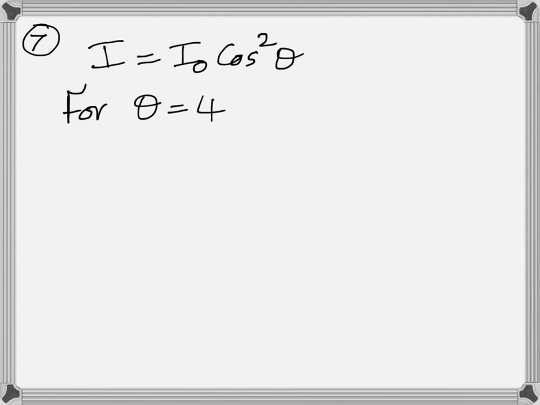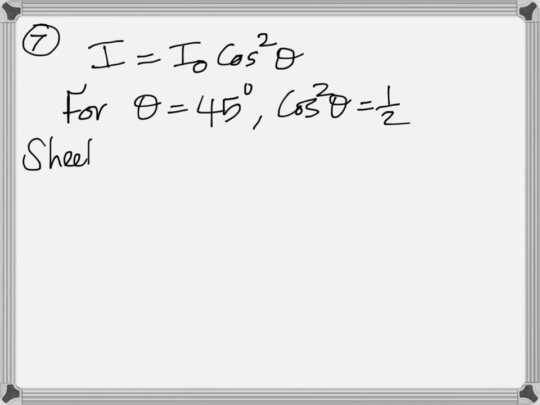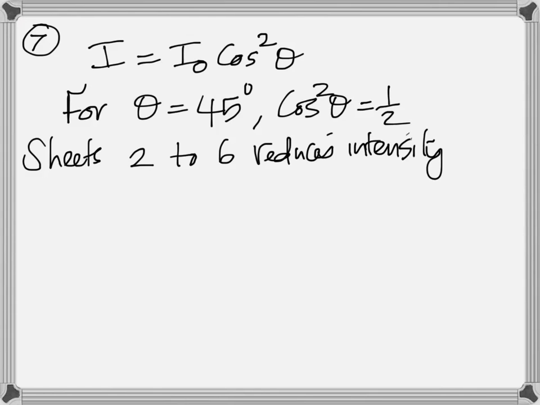Seventh one talks about unpolarized light passing through 6 polarized sheets, each making 45 degrees. That's the formula for intensity. The first one always reduces the intensity by half. And so from the second to the sixth reduces the intensity by half, in this case, because it's 45, and cos squared 45 is 1 by 2.